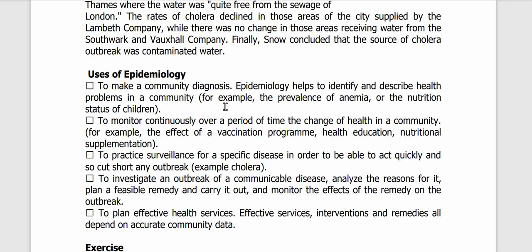Another use is that we use epidemiology to investigate an outbreak of a communicable disease and at the same time analyze the reasons for its occurrence, then plan a feasible remedy and carry it out effectively. And at the same time, it can help us in monitoring the effects of the remedy on the outbreak.